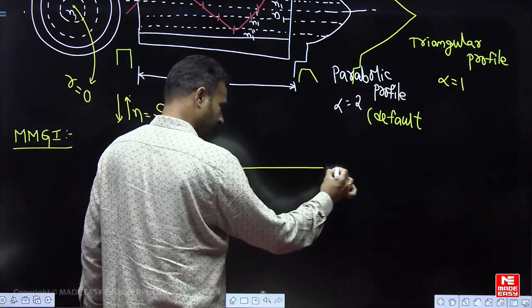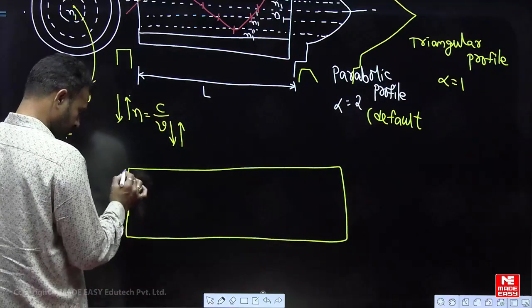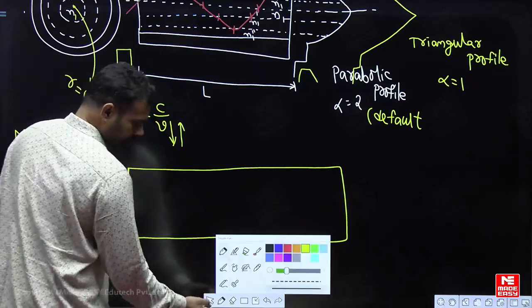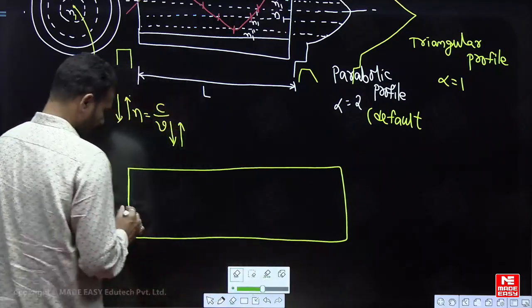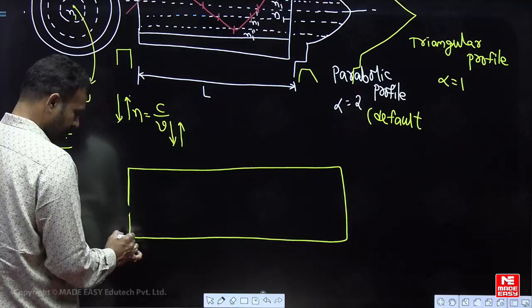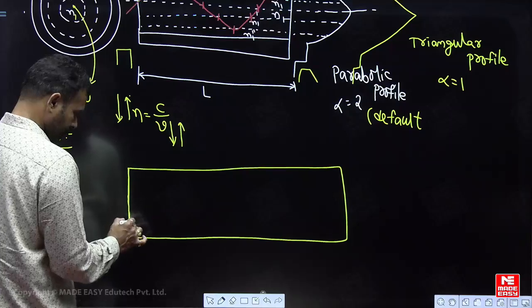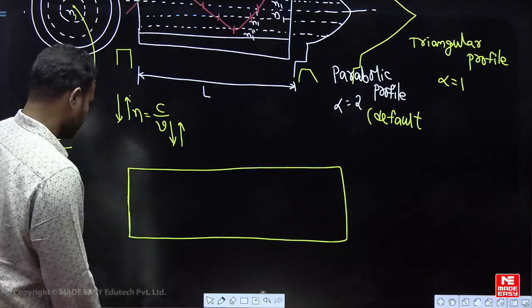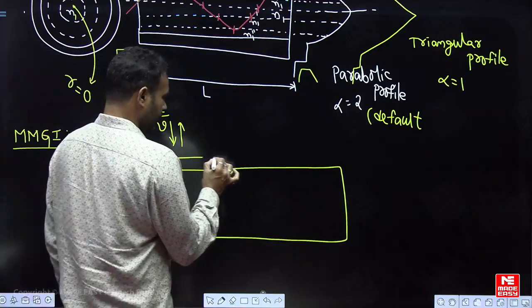When you talk about the MMGI fiber, this fiber has a core as well as a clad. So we write the clad and the core, which is shown in the figure.